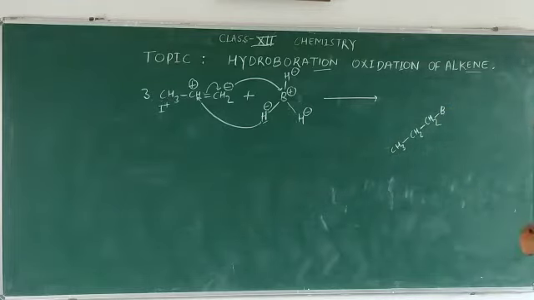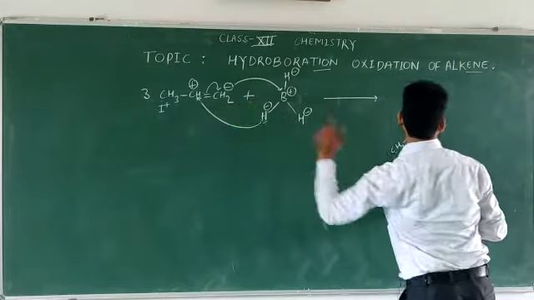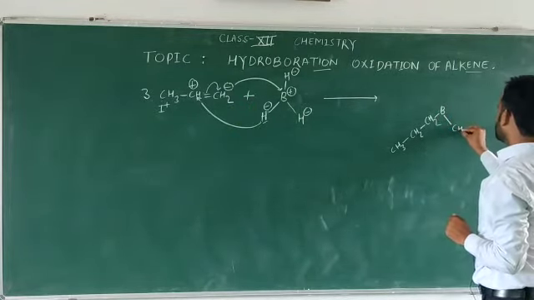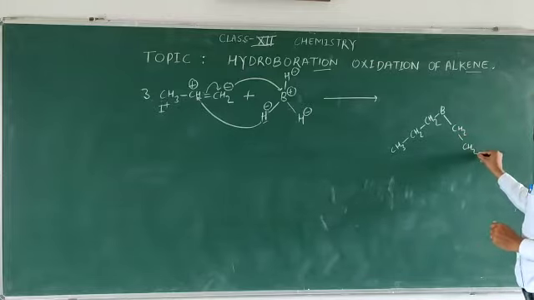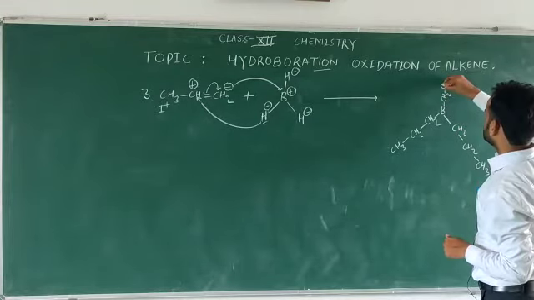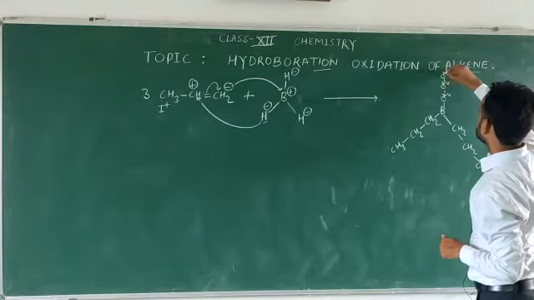And because we are taking three molecules of this compound, it would be like this here as well, CH2 and then CH3, and here as well, CH2 and then CH3.